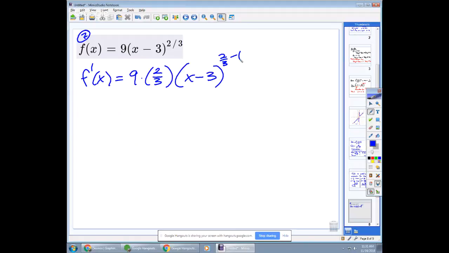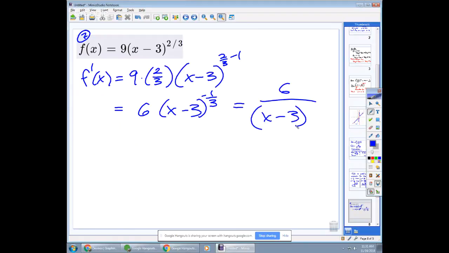And usually with fractions, I slow down instead of doing that in my head. So 2/3 minus 3/3 is negative 1/3. So 3 goes into 9, and we get 6 times x minus 3 to the power negative 1/3, which could also be written as 6 over x minus 3 to the 1/3.